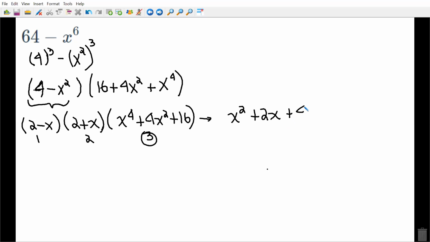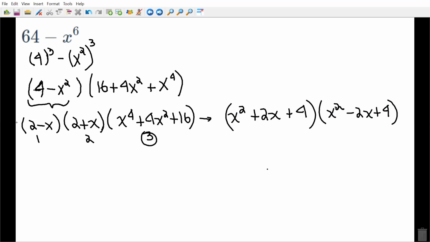And in the other one, it could be x to the second power minus 2x plus 4, I think. X to the second power minus 2x plus 4? Yes.